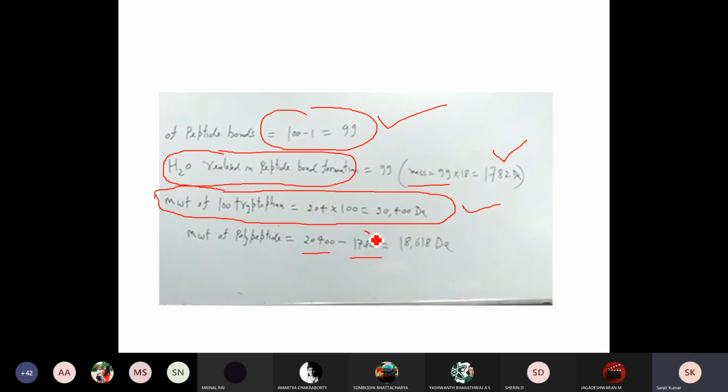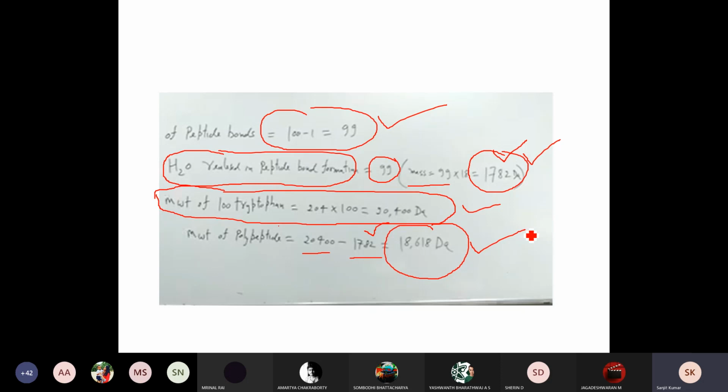This is the loss, because NH2 and COOH are flanking, and 99 peptide bonds multiplied by 18, 1782 Dalton, is the loss from each peptide bond. So the overall molecular weight is equal to 20400 minus 1782, which is 18618 Dalton. Are you understanding or not? Yes, sir.